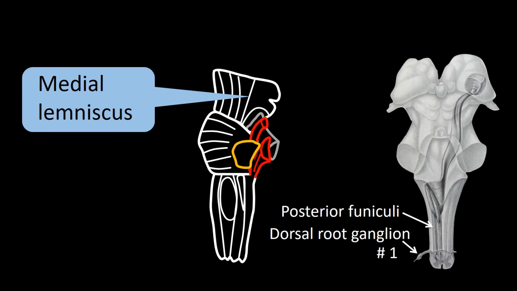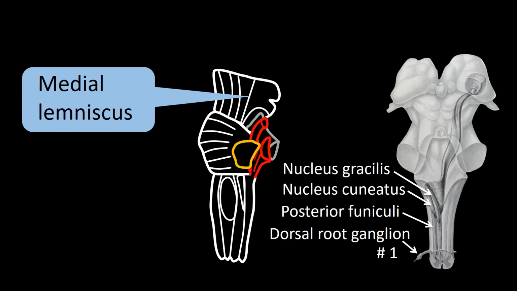These axons climb in the posterior funiculi to the nucleus cuneatus for fibers from the arms and to the nucleus gracilis for fibers coming from the legs. From these nuclei, the second neuron arises.